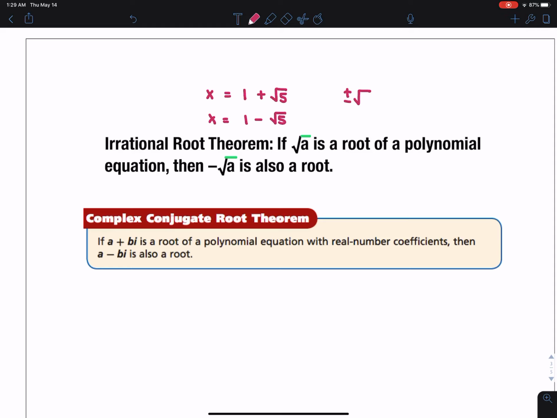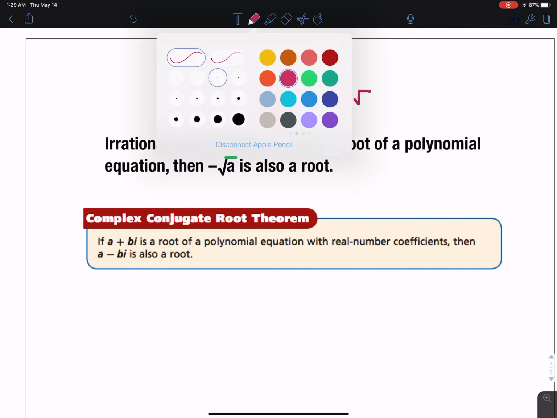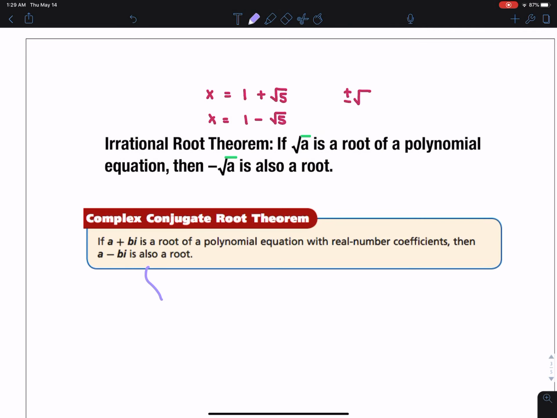And then the complex conjugate root theorem. So if a plus bi is a root of a polynomial equation, then a minus bi is also a root. We will only look at this in terms of if we're given 3i, then negative 3i is also a root. So we'd have x plus 3i, and we would have x minus 3i. And that goes back to operations with complex numbers.